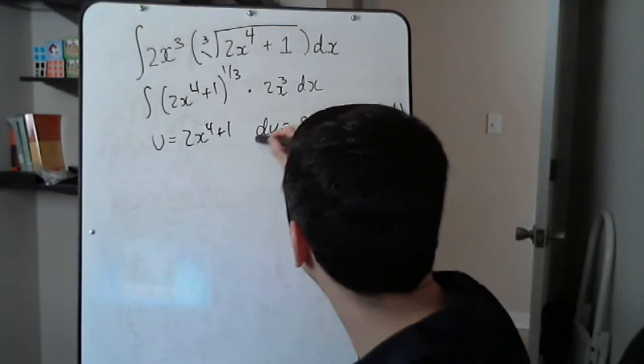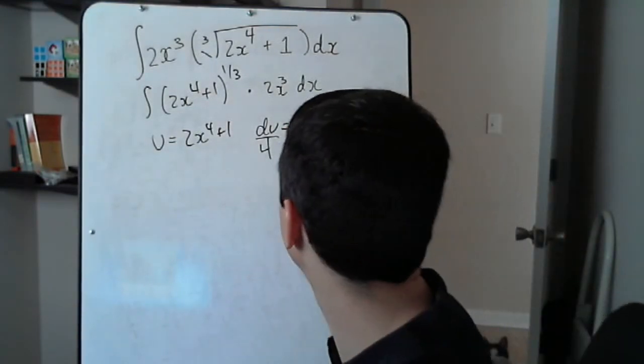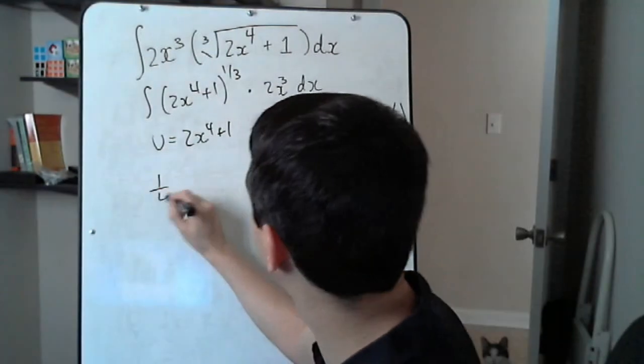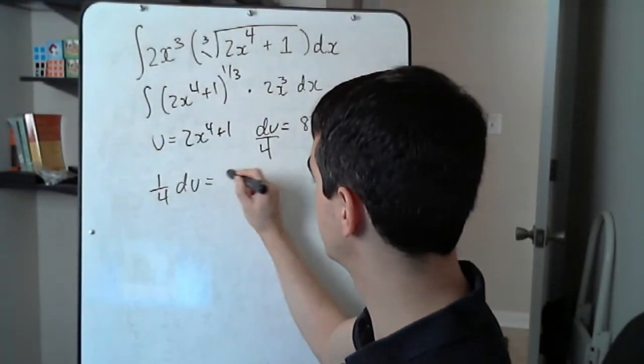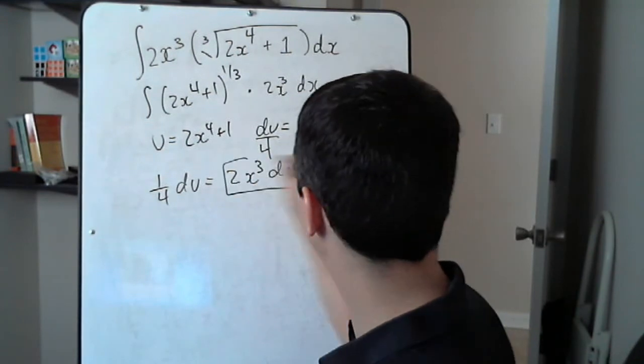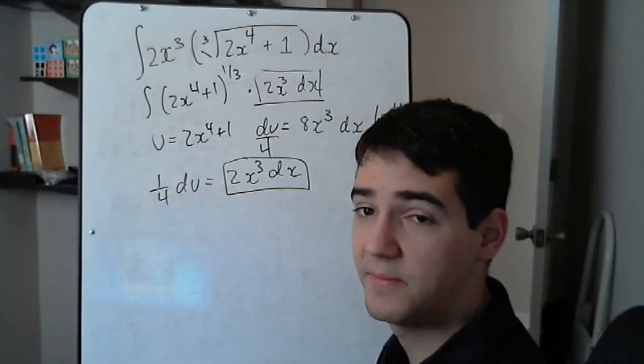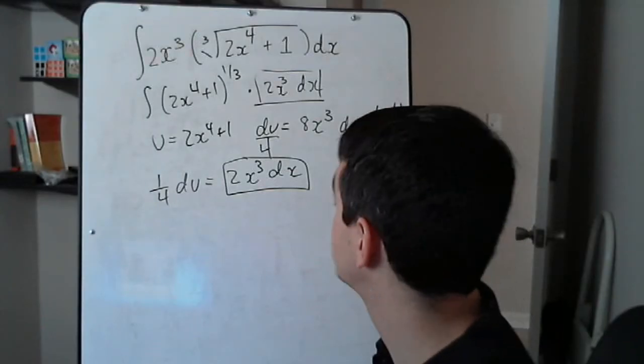We'll multiply everything by 1/4. So then that means we get 1/4 du equals 2x cubed dx. Now notice what we have here. This is the same as that. So now let's make that substitution.